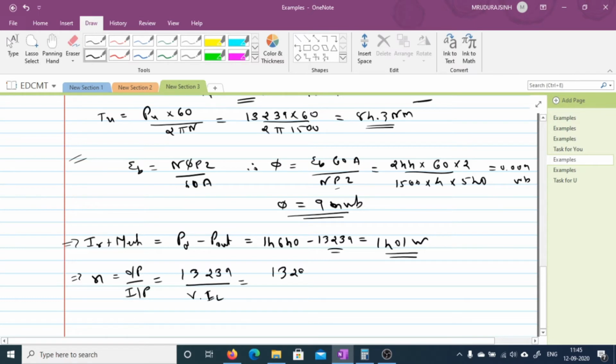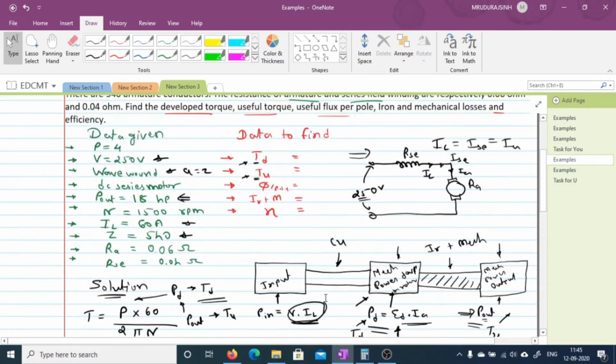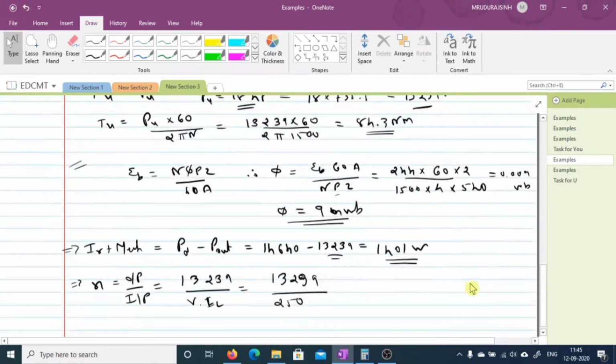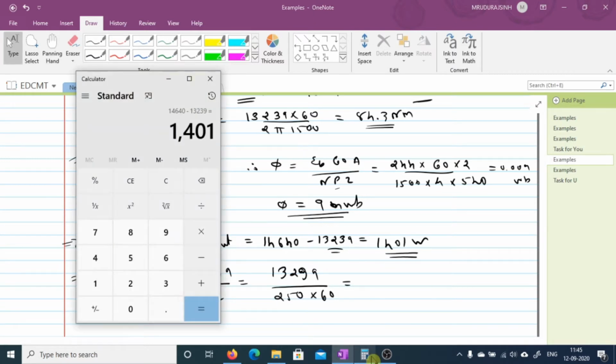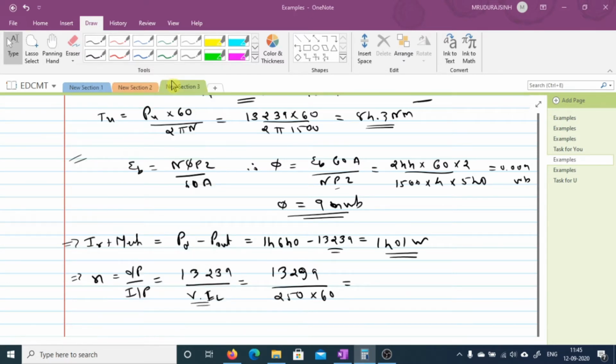So 13239, supply voltage is 250 volt and current is 60 ampere. So this is the total input. Let's calculate: 13239 divided by 250 volt divided by 60 ampere gives us 0.8826.